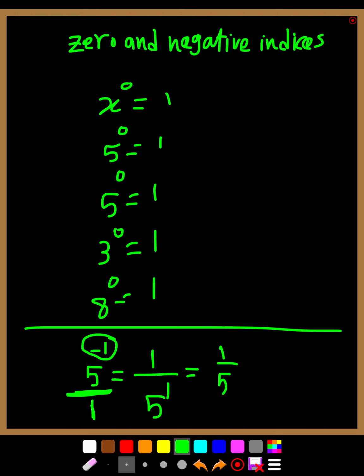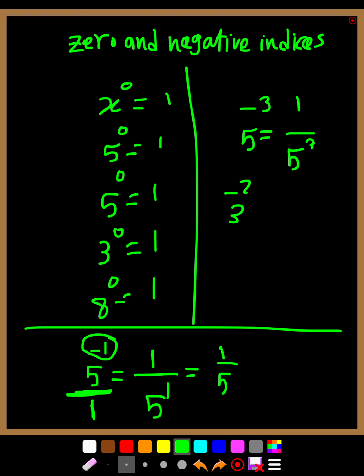So whenever you see a negative power, for example 5 raised to power minus 3, it equals 1 over 5, and after that change the sign of the power, so 5 raised to power 3.